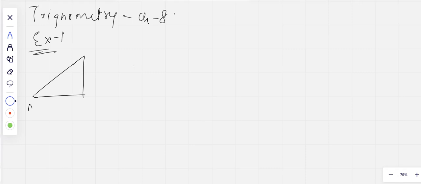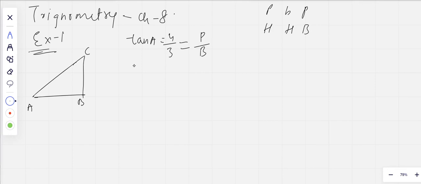This is A, B and C. We have been given tan A, so we use our formula Pandit Prasad Har. That means we have been given P, the perpendicular, this is B, and this is the hypotenuse.